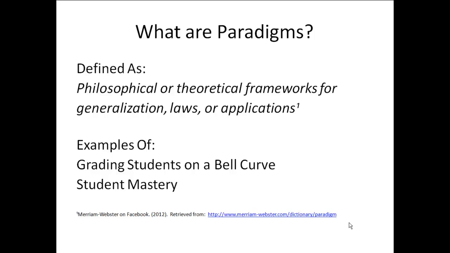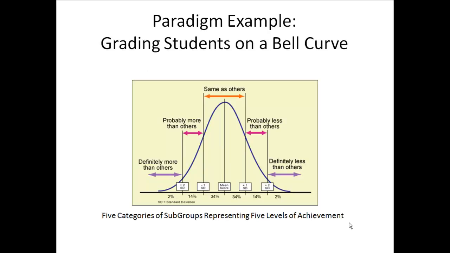One is an example of grading students on a bell curve. The second paradigm is that of student mastery. For these two examples, we're going to use simple mental models to visually represent what these paradigms look like. Here's the first example. This may look very familiar to you because most people in education use the bell curve or were taught and educated on a bell curve.